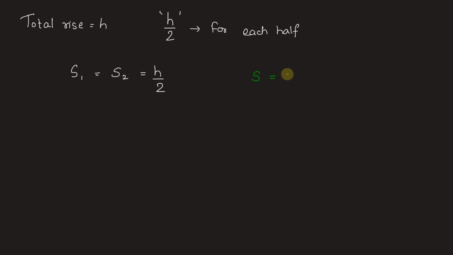So s is equal to ut plus half at square. We know that u is the initial velocity, t is the time taken for s displacement to occur, and a is the acceleration. So now we can substitute s1, s2 here. It is h by 2 equal to initial velocity, which will be 0 because initially it is at rest, plus half a. Now the time taken for this h by 2 displacement to occur is half of the time.